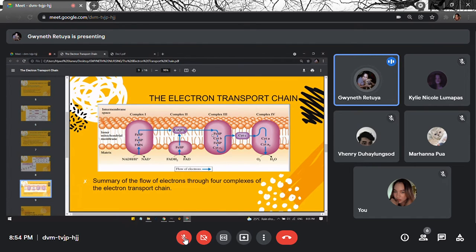In complex 3, electrons are accepted from ubiquinol and transferred to another electron carrier called cytochrome C, which is then used in complex 4.